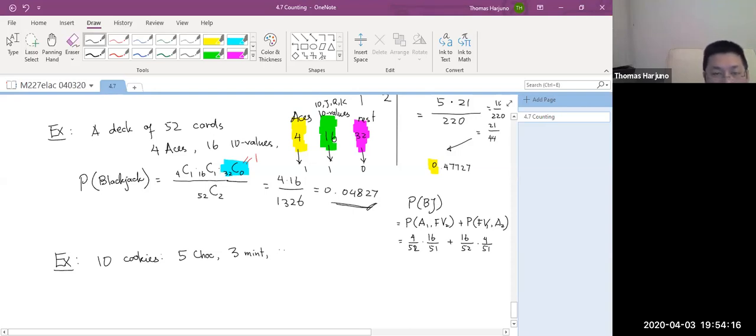I'll just make up 2 strawberry cookies. And then I want to select 3 cookies.